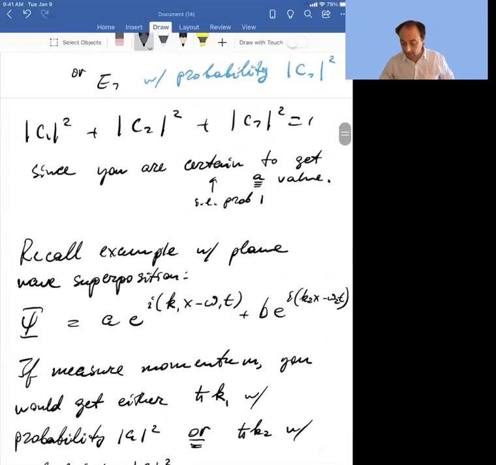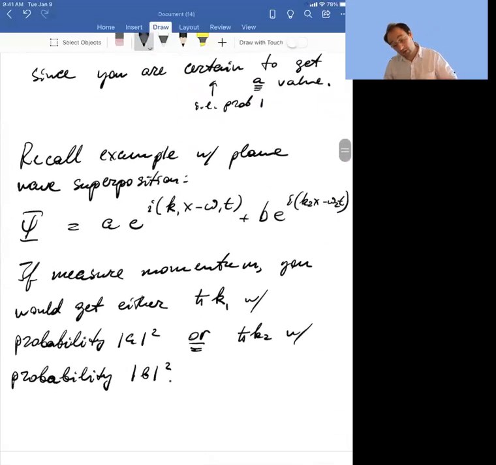If you express the wave function as a superposition of states of well-defined momentum, then the momentum values that you could get out of the measurement are the momentum values represented in that mix, and the probability to get those values is given by the square of the magnitude of the coefficient that comes along with that momentum value.